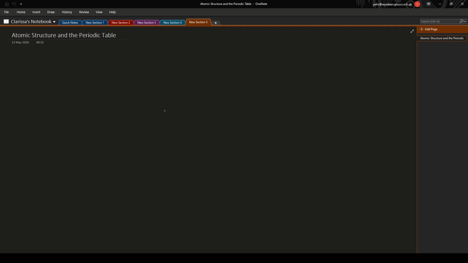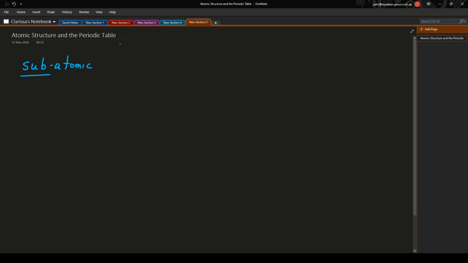Right, so atomic structure. Just as a quick recap, the main key thing that you do have to be aware of when it comes to atomic structure are the three main what we call subatomic particles. So subatomic, if you think about what sub means, like submarine, anything like that, it's all to do with underneath.